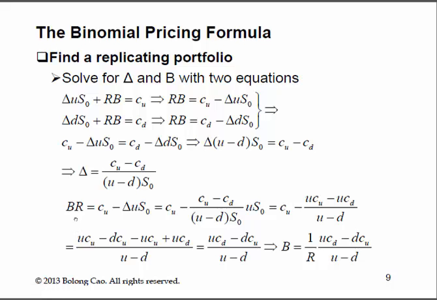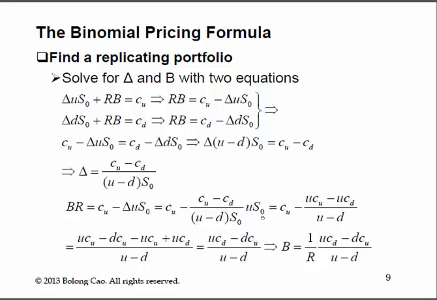It basically says the borrowed amount times the risk-free rate equals the up proportion times the payoff in the down state for the call option minus the down proportion times the payoff to the call option in the up state.